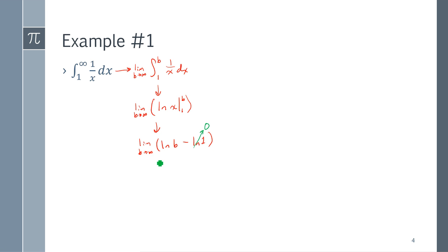And then as b is going towards infinity, the natural log of b is also going towards infinity. So what this tells me is that my limit diverges because it's going towards positive infinity. So this integral diverges. It doesn't exist.